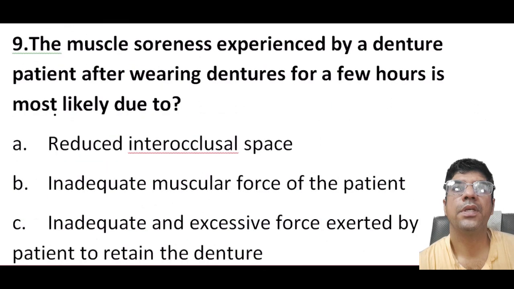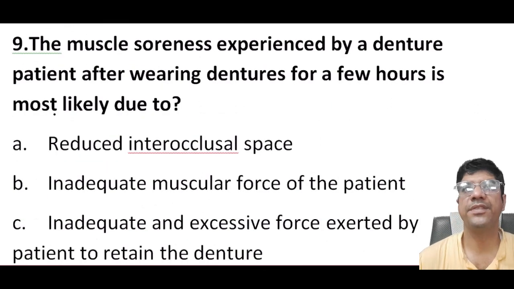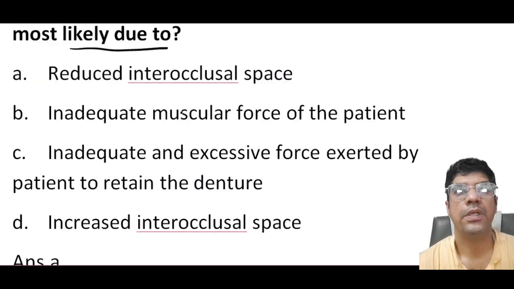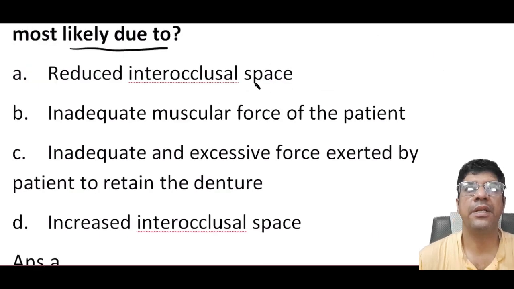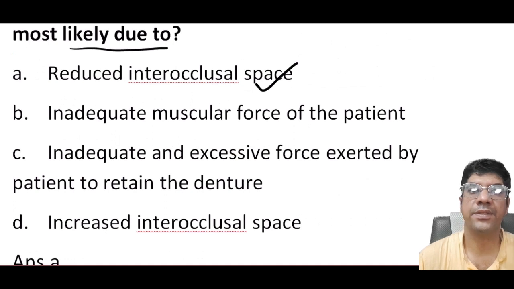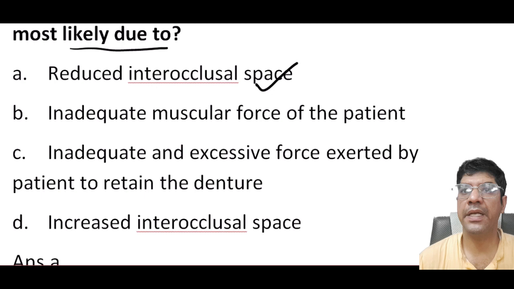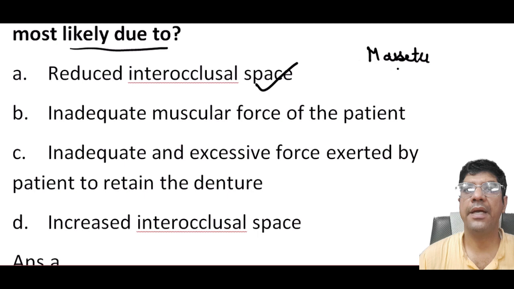Coming to the next question, the muscle soreness experienced by a denture patient after wearing dentures for a few hours is most likely due to, the answer is, a reduced interocclusal space. When the interocclusal space is reduced, it can cause overclosure of the jaw that leads to continuous strain of the muscles of mastication, like the masseter and temporalis.